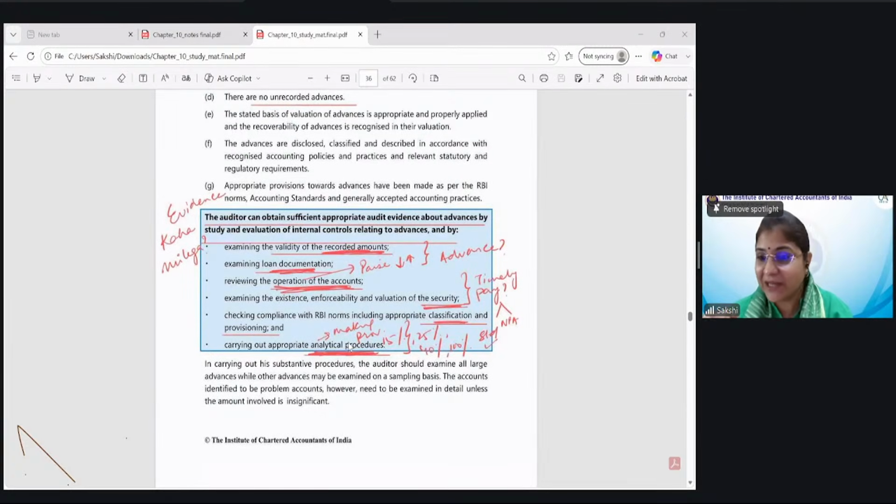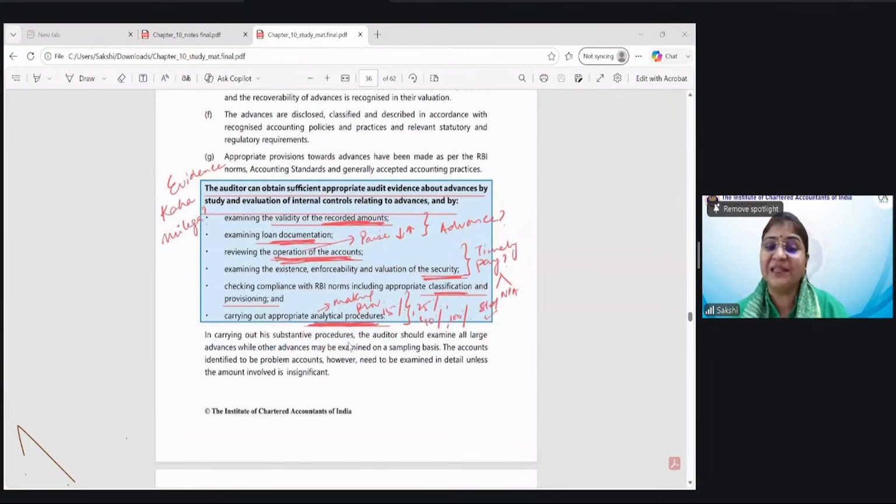Usually we say that you review it once a year. Why once a year? It is a general phenomenon. Once in a year, if the borrower is operating the account, meaning he is depositing something, he is taking something, it is fine. Then, examining the existence, enforceability, and valuation of security, because that is how you will maintain the margin.